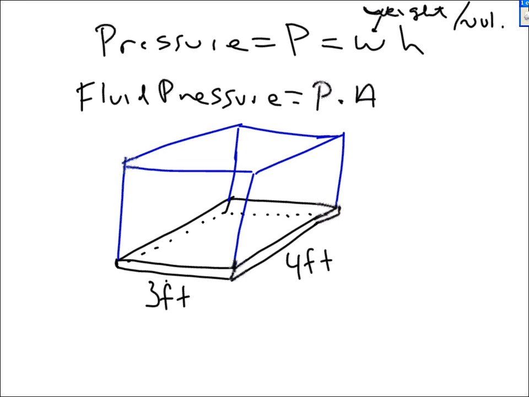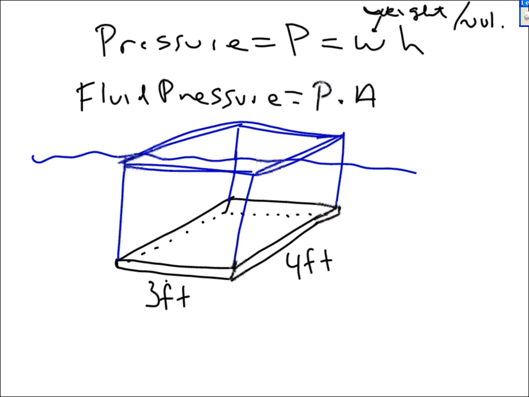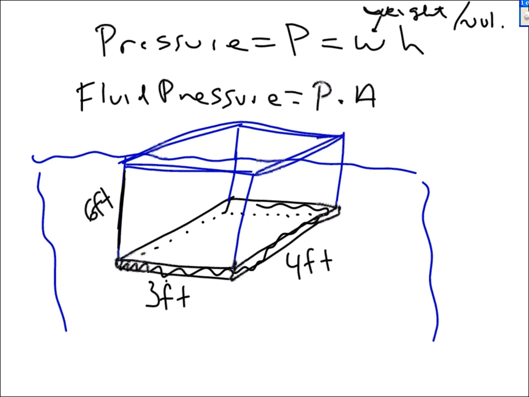So the water level, the water is at the top here. That's the water level. Everything beneath, water. And this distance is 6 feet. This bottom sheet, thin piece of sheet metal is 6 feet below the water.